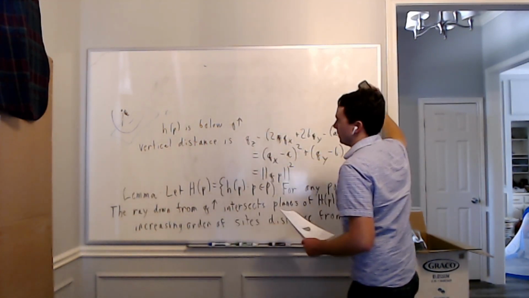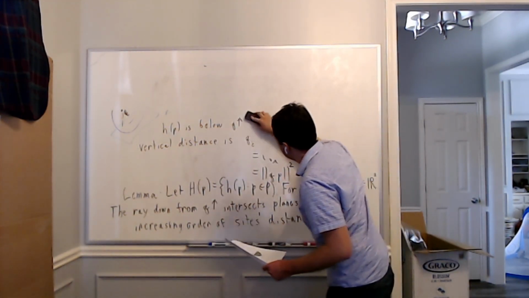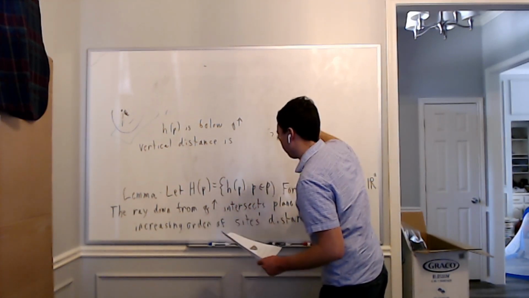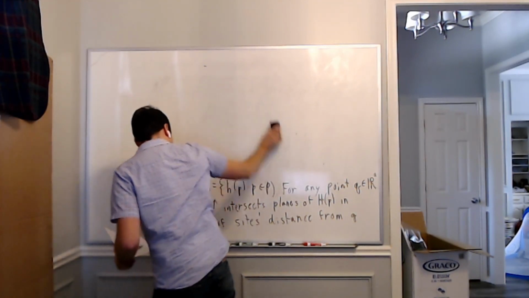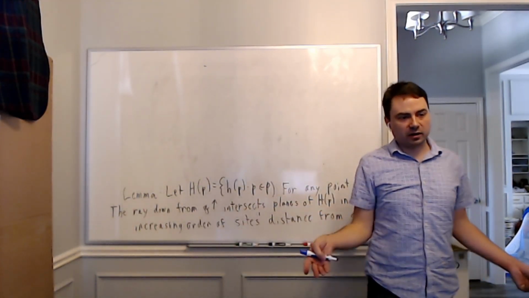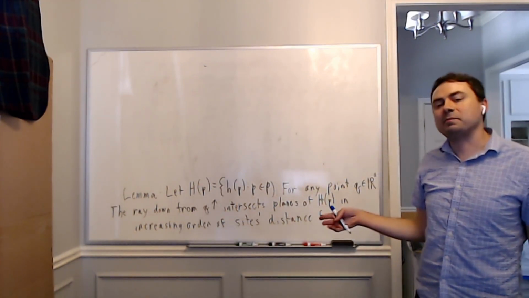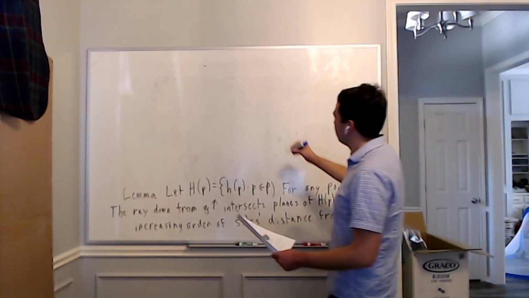If you want to visualize that, let's pretend that we are doing Voronoi diagrams in one dimension, lifting up to a paraboloid in two dimensions.